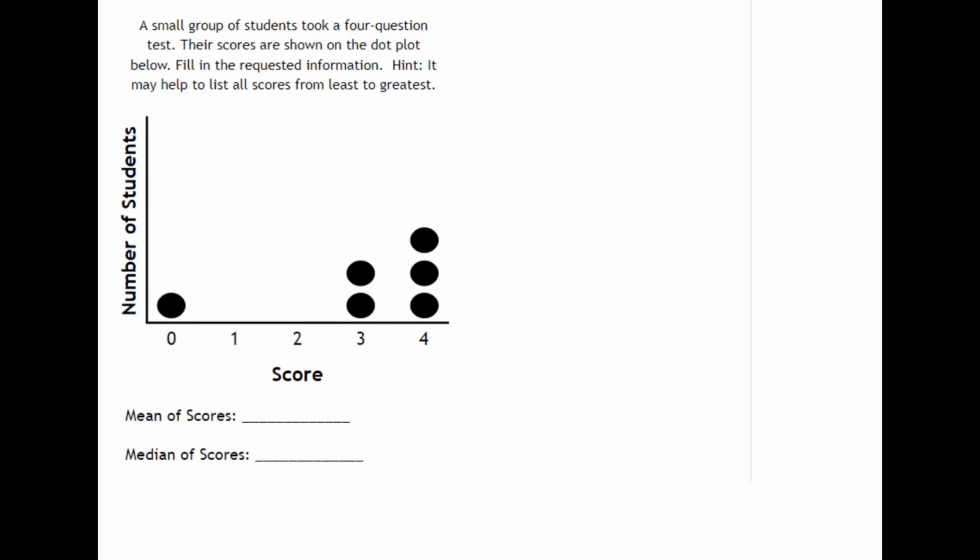A small group of students took a 4-question test. Their scores are shown on the dot plot below. Fill in the requested information. It may help to list all the scores from least to greatest. So absolutely. Step 1 is to order from least to greatest.